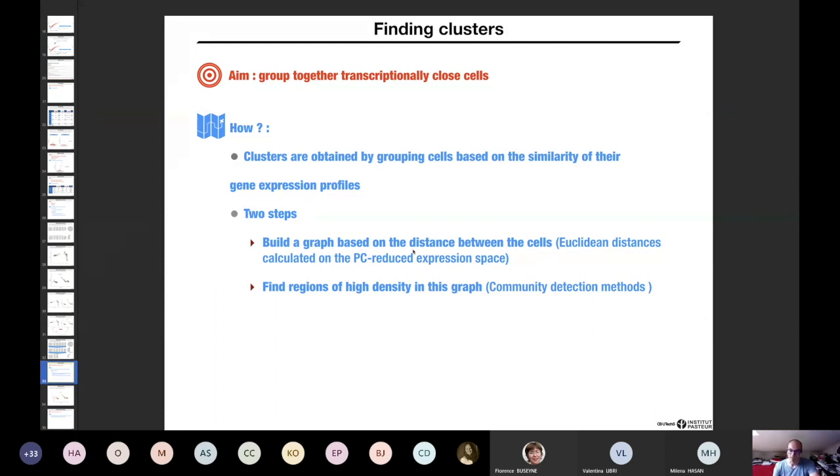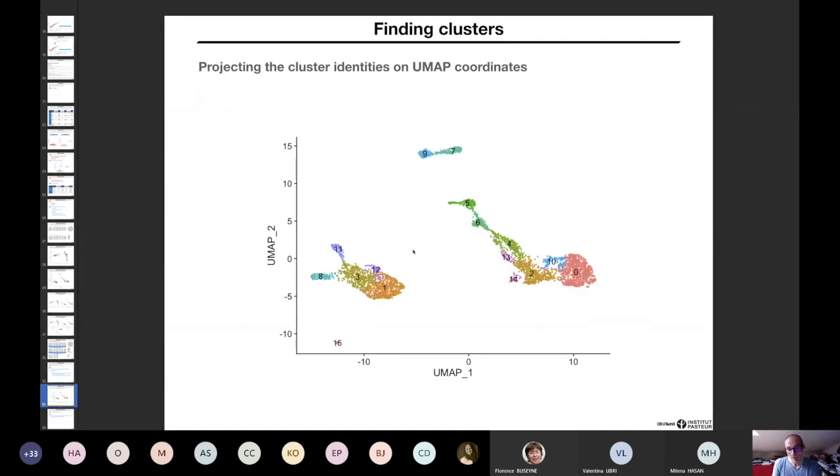So very often we use community detection methods like the Louvain algorithm, for instance. So you can now attribute to each cell a cluster identification, and you can project this cluster ID on the UMAP space, and you obtain this kind of well-known graph with the different colors corresponding to the different clusters.